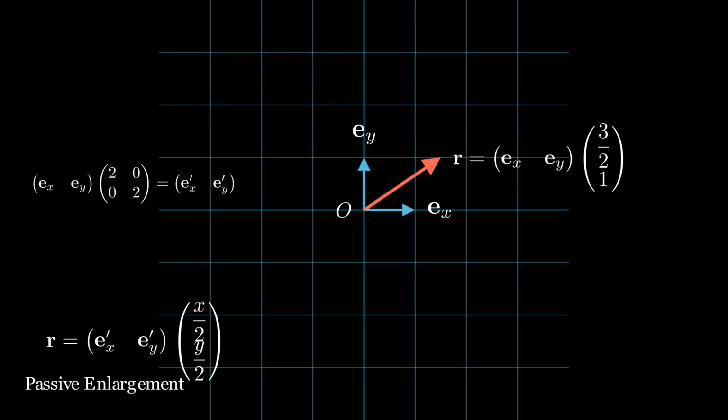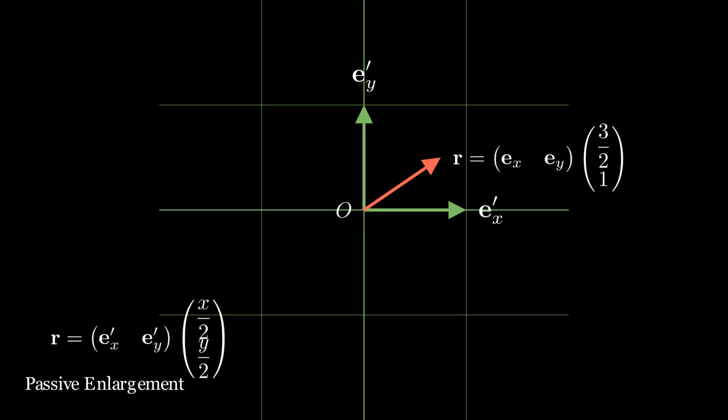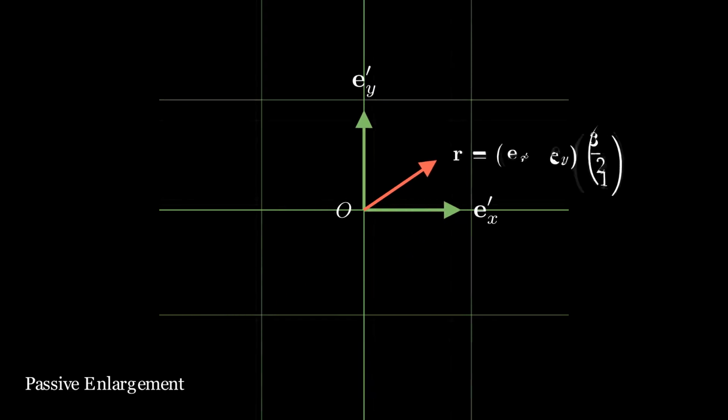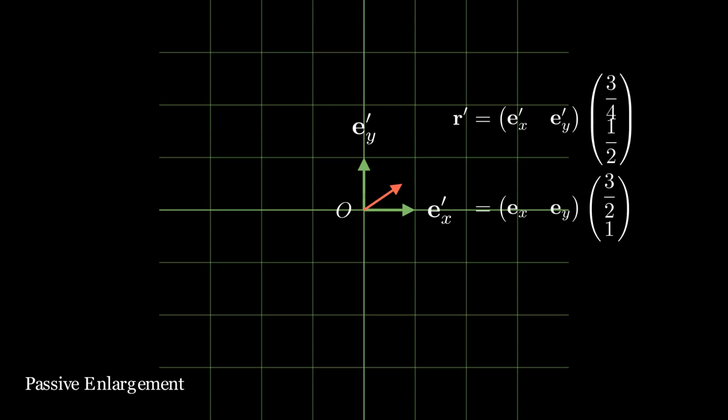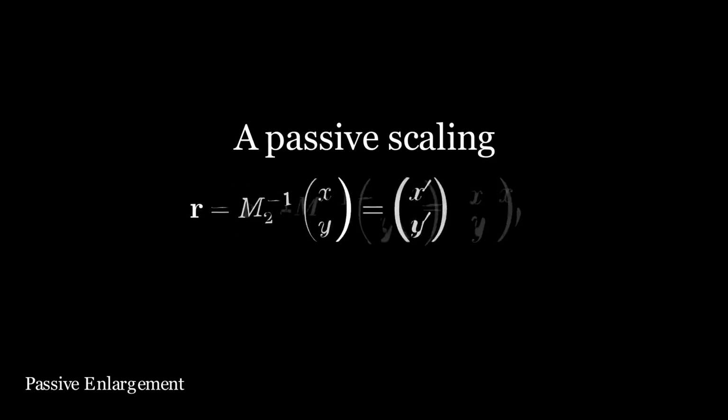From the perspective of the transformed basis, the same point appears to have half the original distance. In passive transformation as well, the key point is to consider the scaling matrix M2 acting on the basis vectors Ex and Ey.